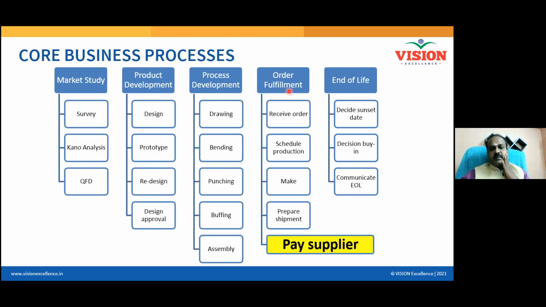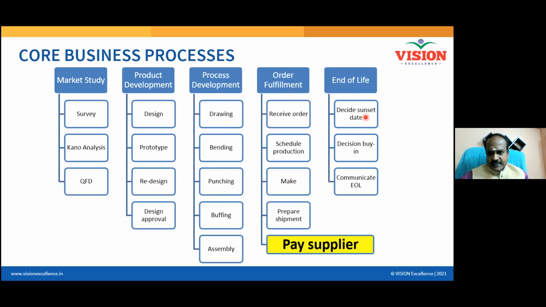And order fulfillment means how you receive the order from the customer, and then how you schedule the production, and then how you actually produce, and then how you prepare for the shipment. And similarly, for end of life, you decide the sunset date. Sunset date means a particular date after which the product will not be available in the market, right?